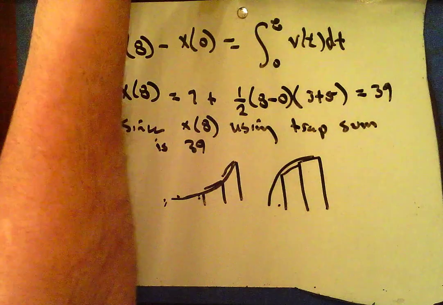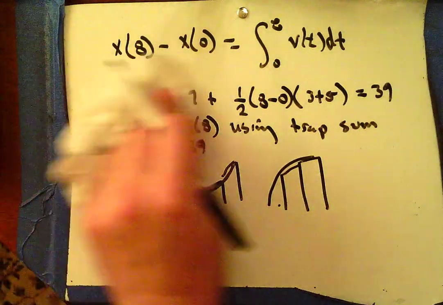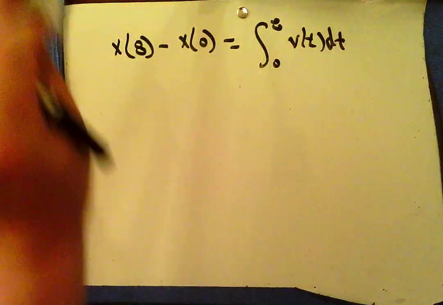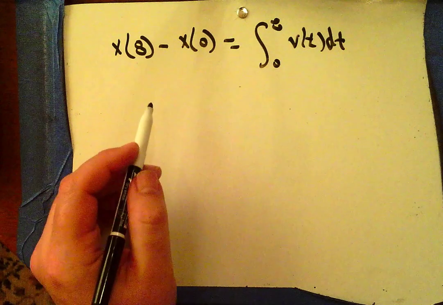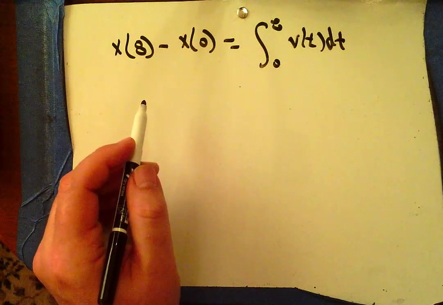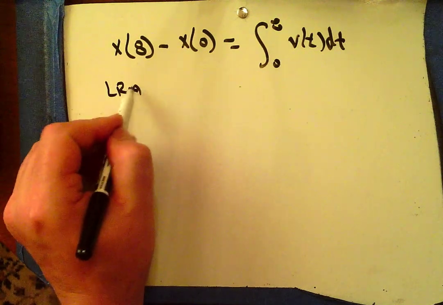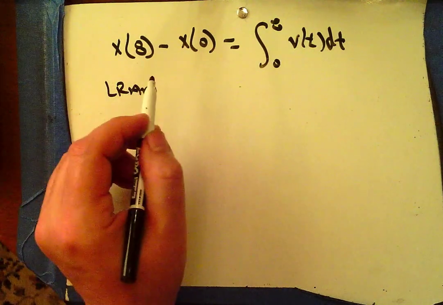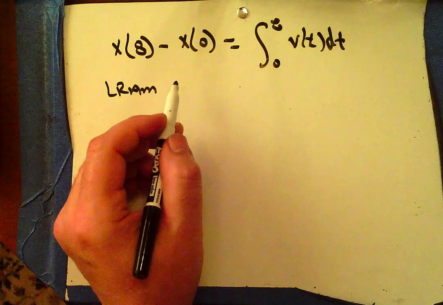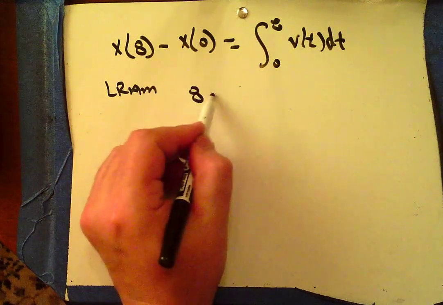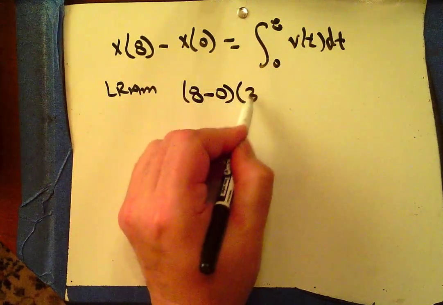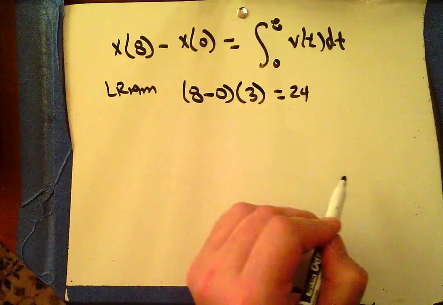You know what? I don't want to use trapezoid sum. I've got some other sums. Let's use LRAM here, and if I do LRAM, I'm going to have 8 minus 0 times 3, or 24.